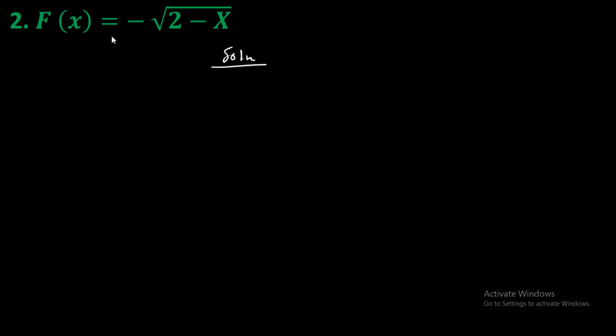If you look at this question, we can move in the same way by simply looking for the domain. So let's quickly look for the domain. You say, what is inside, 2 minus x is greater than or equal to 0, such that x is a member of real numbers.